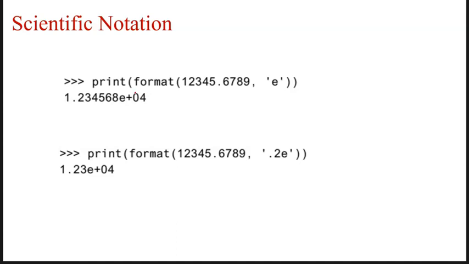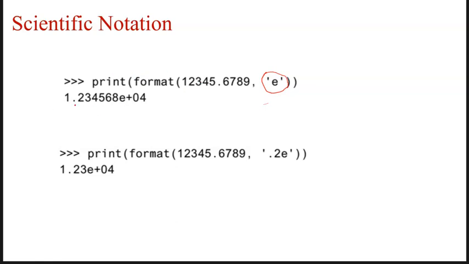Let's look at some other examples. Let's look at scientific notation. If you have a big number and you want to write it in exponential form, you type in just e over here, and the print statement is going to convert it to exponential form.